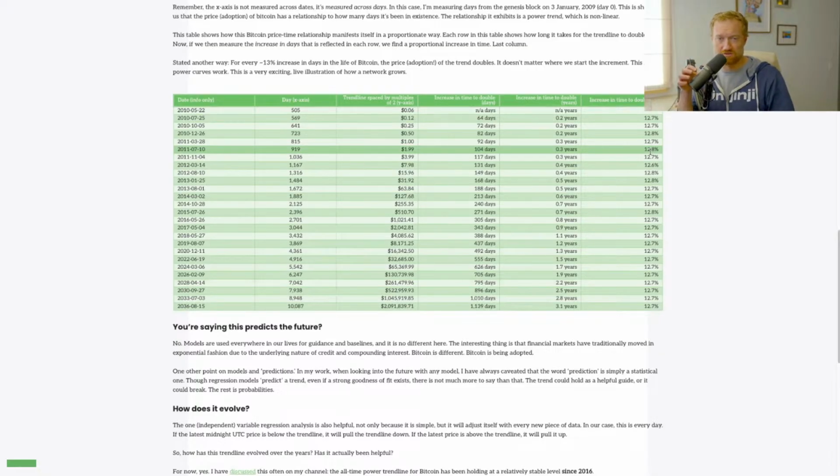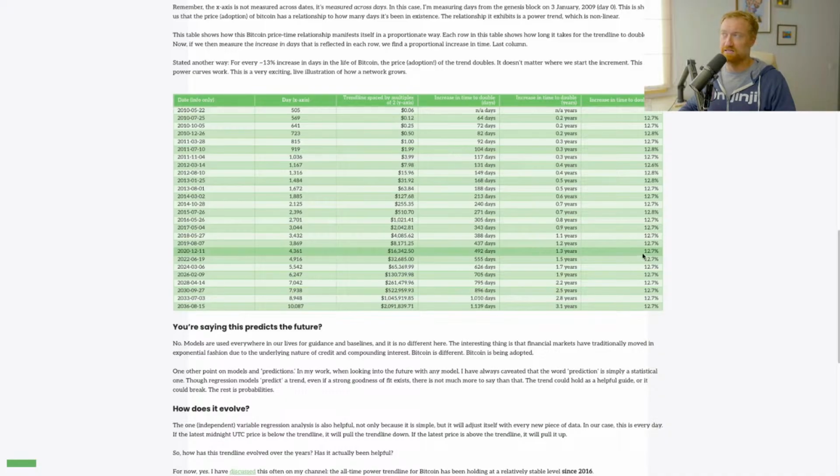And that proportion is 12.8%. So as far as doubling goes, if the network grows 12.8%, it doubles. Grows 12.8%, it doubles. You pick any point in the curve, you will get that doubling. That's different than saying something grows at 10% per year. It's just different.